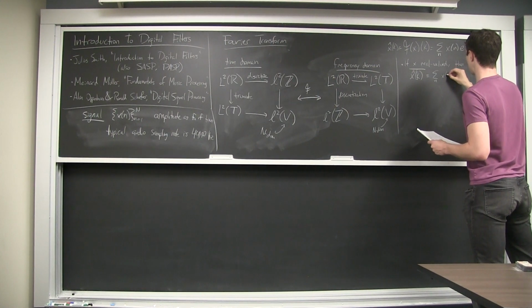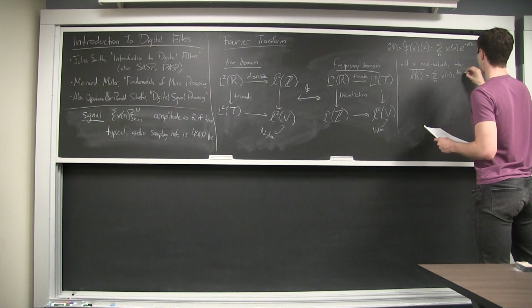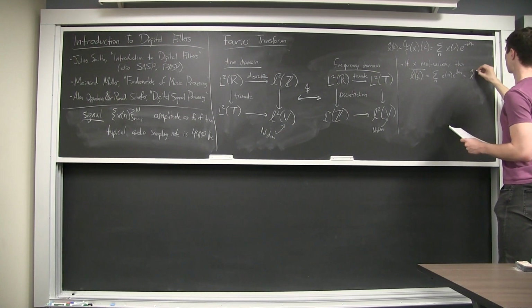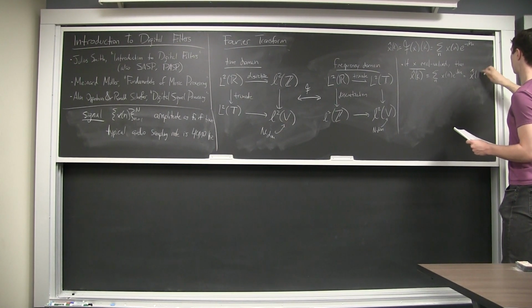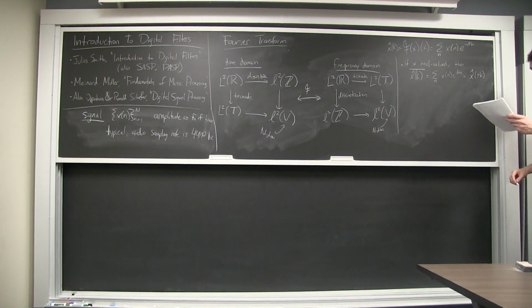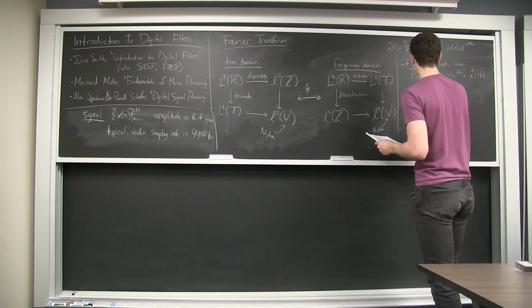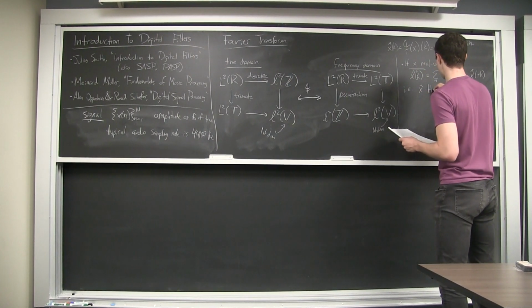You get x of n e to the positive i k n, which is the Fourier mode at the opposite frequency, the negative frequency minus k. This means that x hat is a Hermitian function.